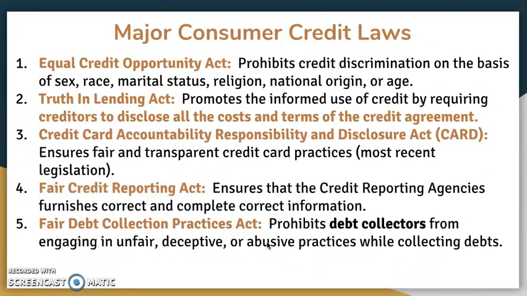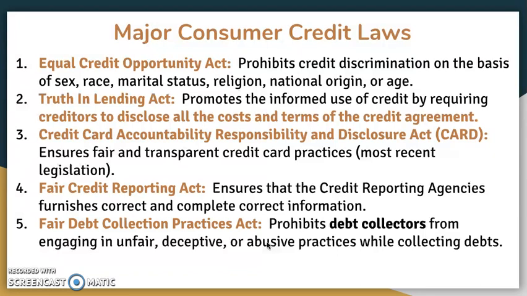There are major consumer credit laws. The Equal Credit Opportunity Act prohibits credit discrimination on the basis of sex, race, marital status, religion, national origin, or age. The Truth in Lending Act promotes the informed use of credit.